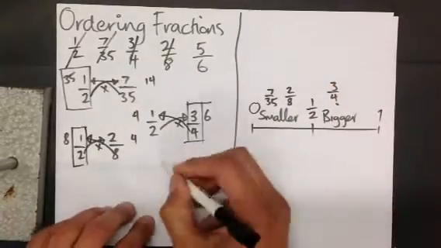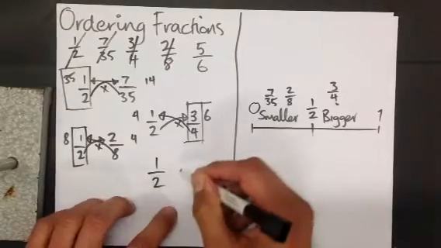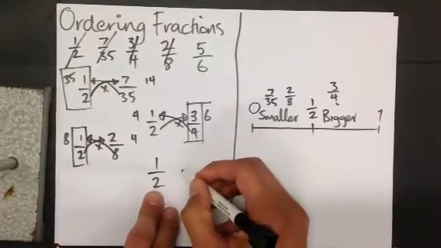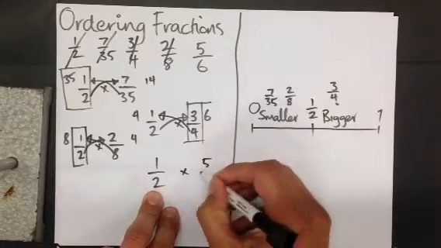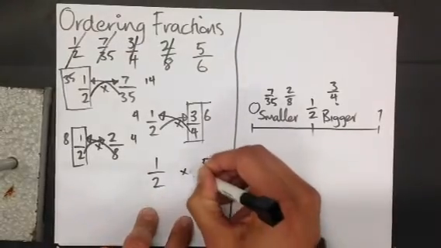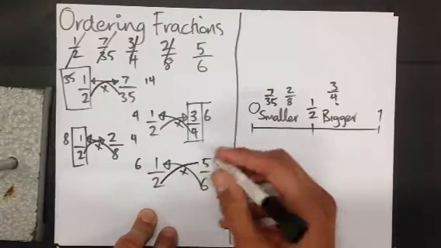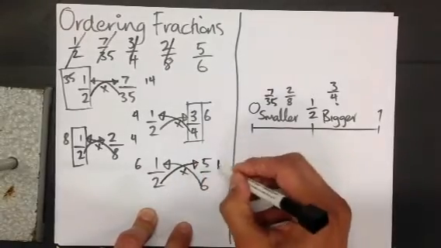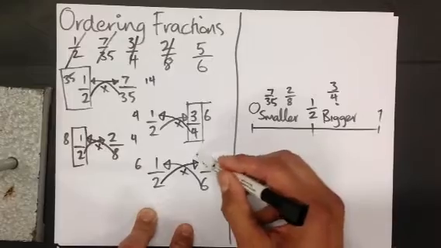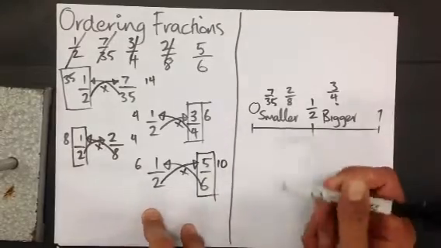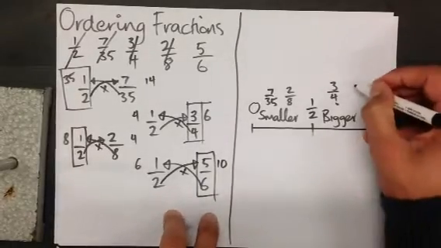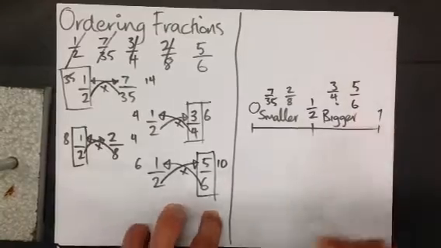Now let's compare the last two, 1/2 compared with 5/6. Again, we multiply out: 6 times 1 is 6, 5 times 2 is 10. So I know that 5/6 is bigger than 1/2, which means I can put it over this side.